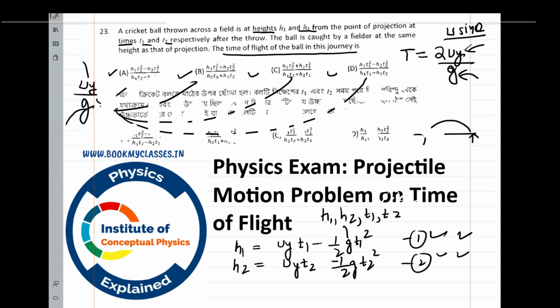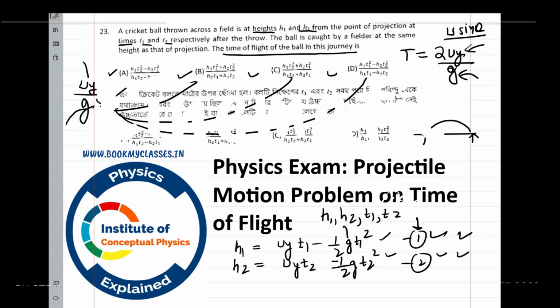I can rewrite this expression in one form and calculate the value of uy using it. The second thing I can do is calculate g from these two equations.